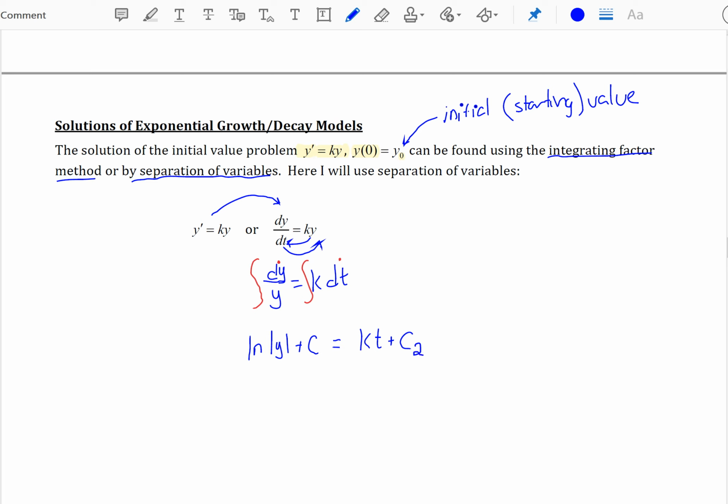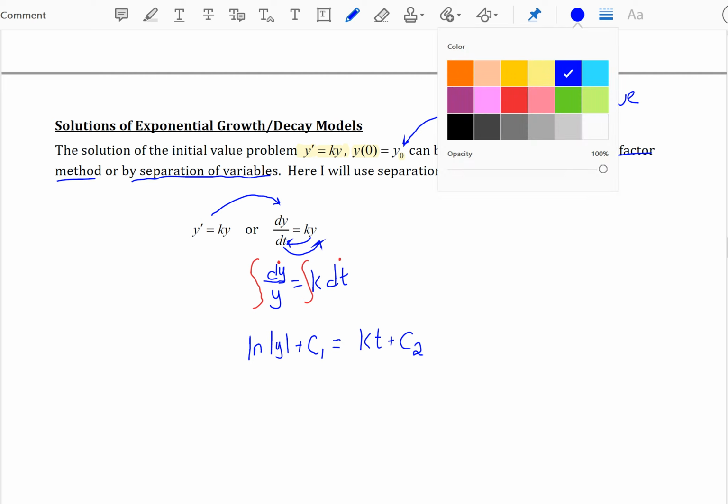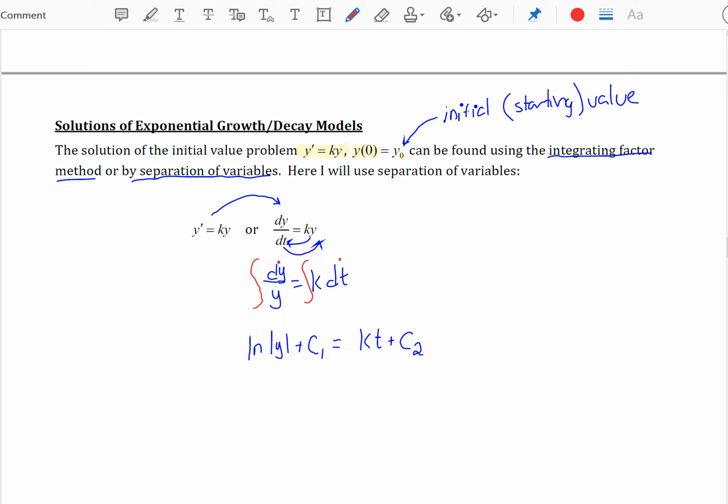Now remember when we covered this topic in chapter 1, we said that technically these constants are different, and so we might represent them with c sub 1 and c sub 2. However, in many problems, you may not be differentiating these two constants because you'll be combining them. So in this video, I'm going to continue to differentiate them a little just so we can see this process.